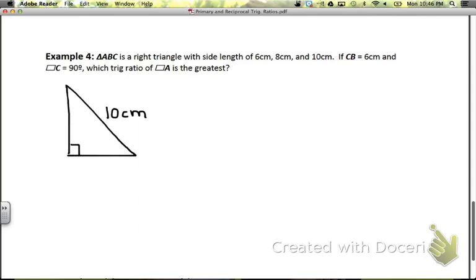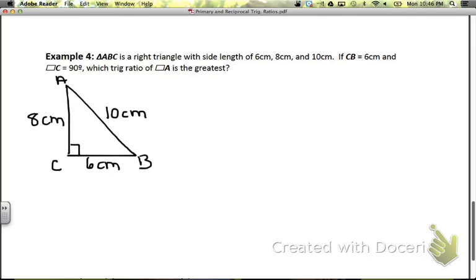It also tells me side CB is equal to 6 centimeters and angle C is 90 degrees. So this is my angle C, and I'm going to label the other vertices A and B. CB is 6 centimeters, so therefore AC would be 8 centimeters.